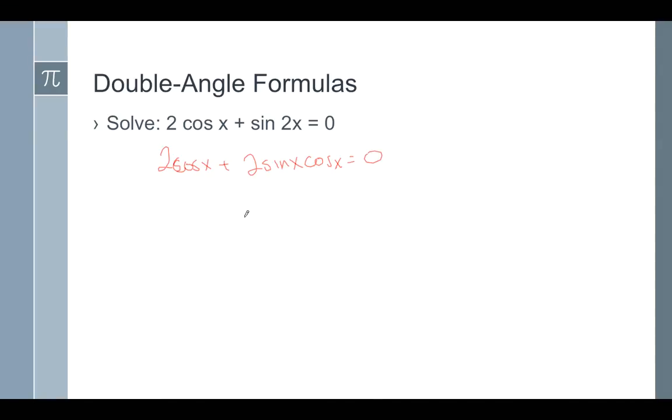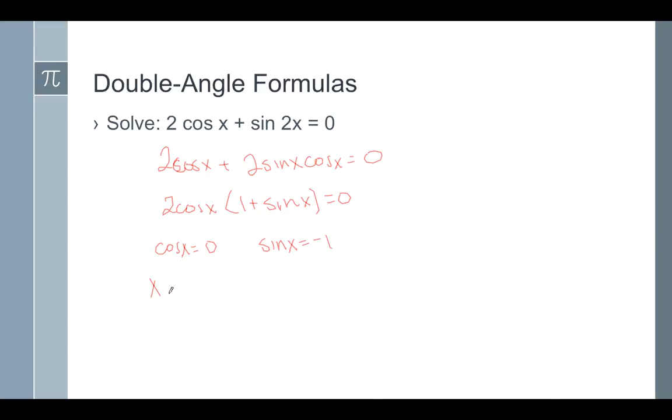Both of these terms have a cosine. Actually, they both have a 2 cosine x. I factor that out, I get a 1 plus sine x. And this now goes exactly like we've been working on before. 2 times the cosine of x is equal to 0, which means the cosine of x is equal to 0. And here the sine of x is equal to negative 1.